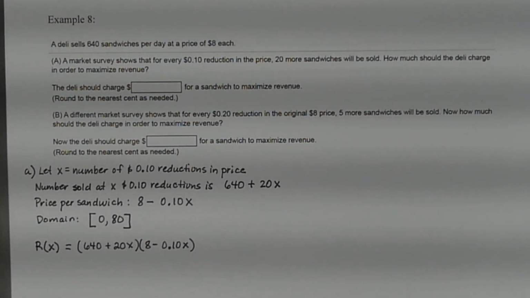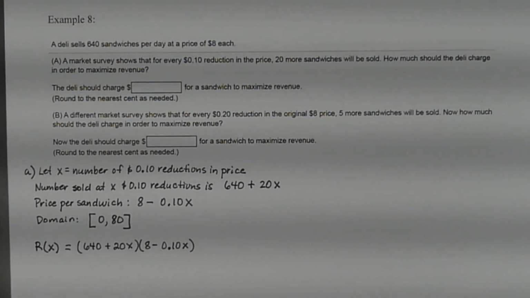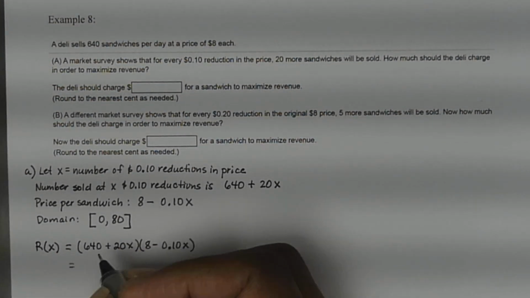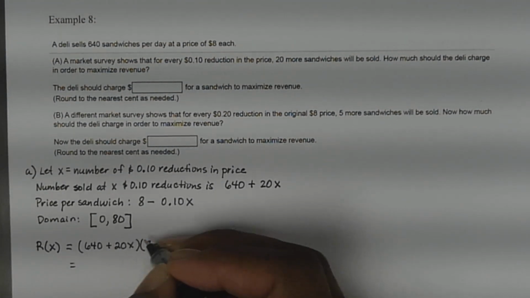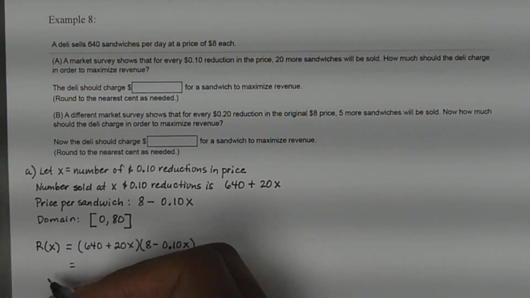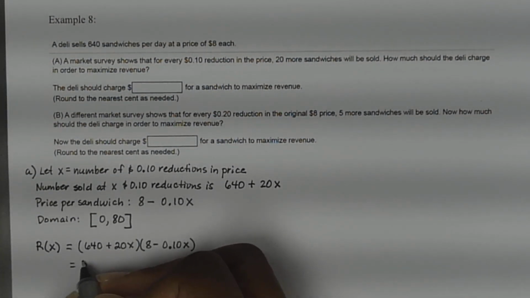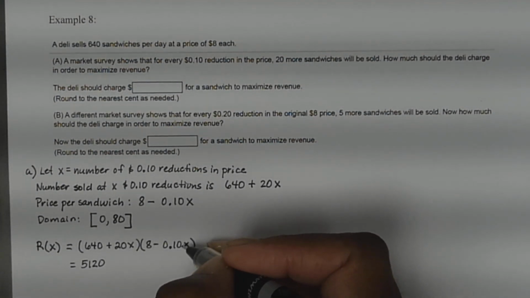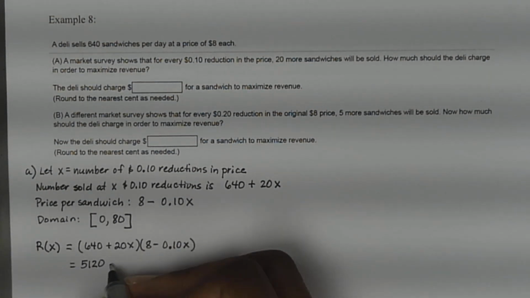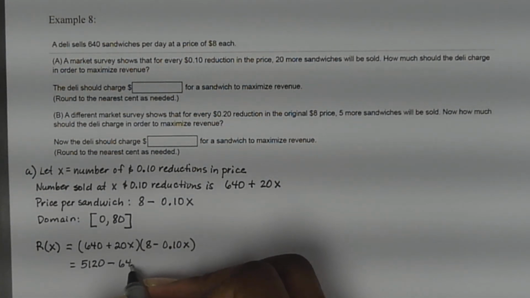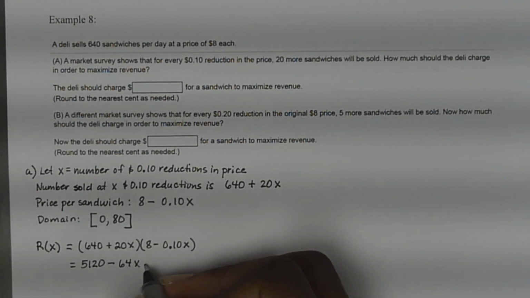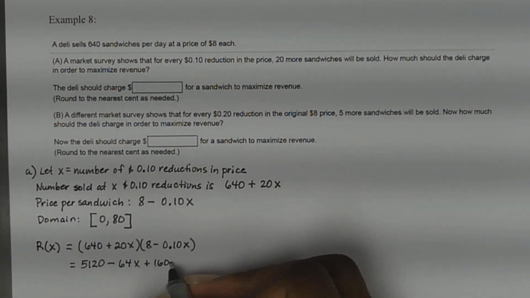All right, so now we've got two binomials that we're going to need to multiply using the FOIL method. If I do 640 times 8, that would be 5120. The outer, 640 times the 0.10x, would be a minus 64x. Inner, 20x times 8, that would be plus 160x.